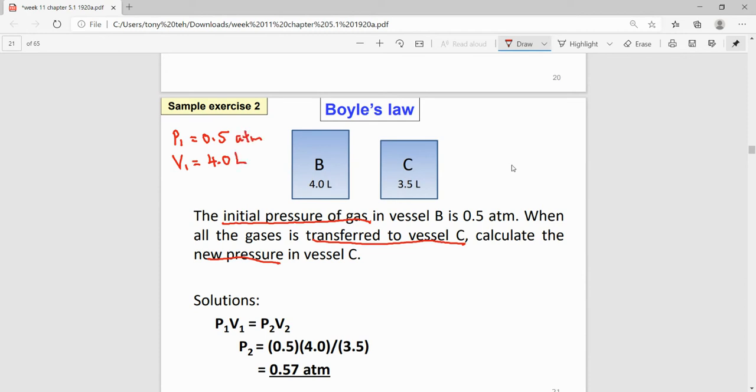Transferred to C means C becomes V2, and V2 is 3.5. We want to calculate the new pressure, so we can use Boyle's law, P1 V1 = P2 V2, and don't forget the unit.